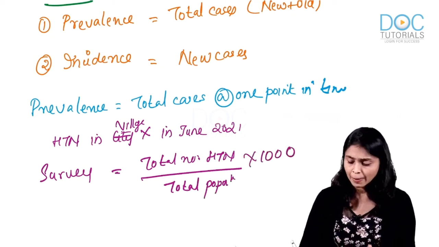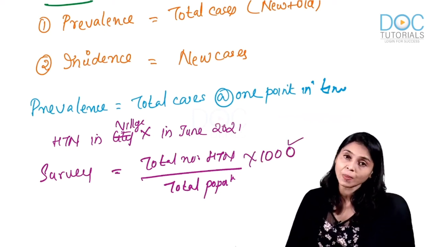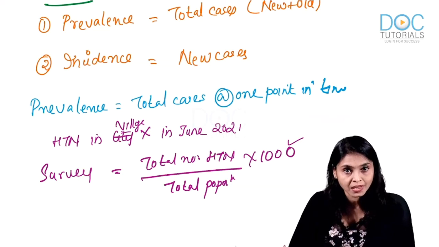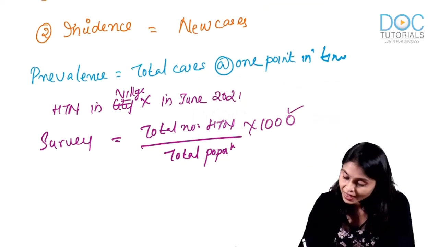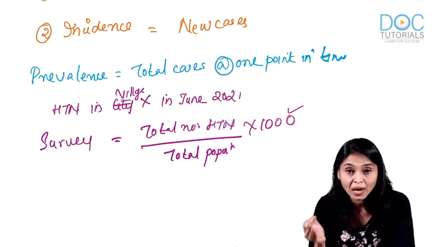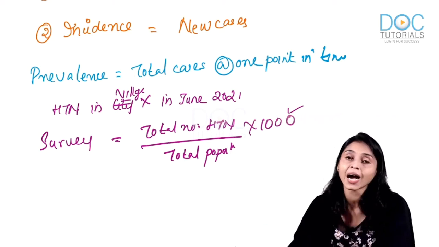That will tell me per 1000 people in that village how many are hypertensives. This is prevalence. This will tell you at one point, that means in June 2021, in that particular village, how many are hypertensive.